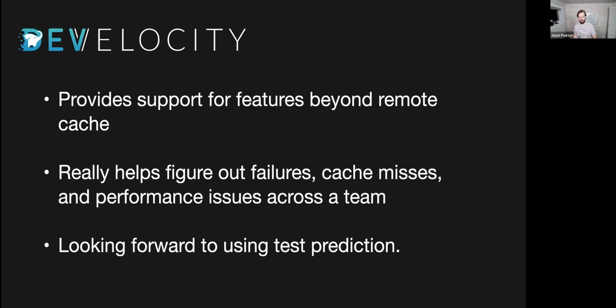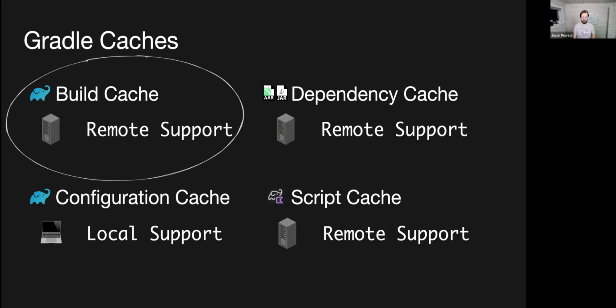I've talked to colleagues that have real world experience with this, of anywhere from 40 to 70% test avoidance, which is pretty huge in most commit-based builds. So that would be a great win.